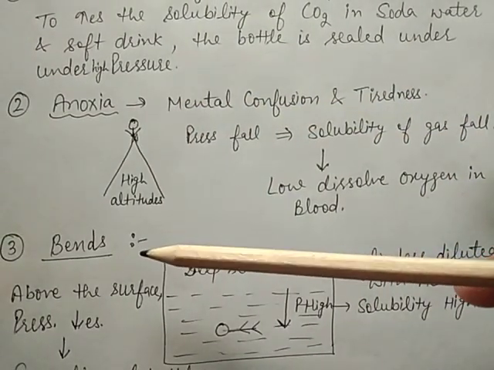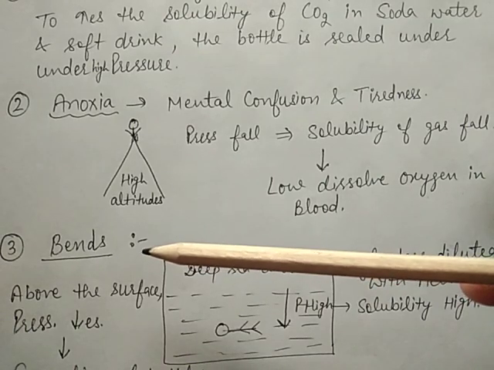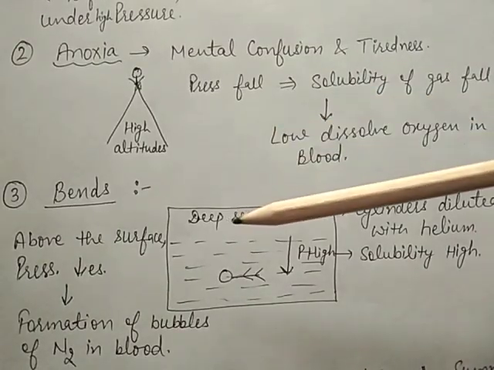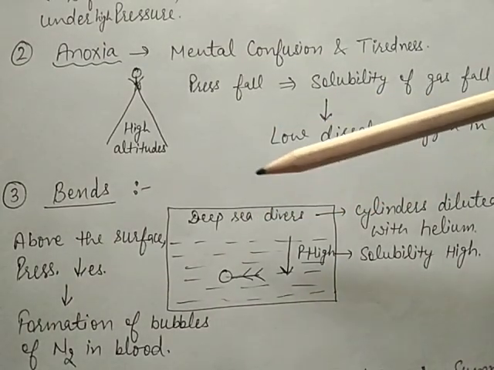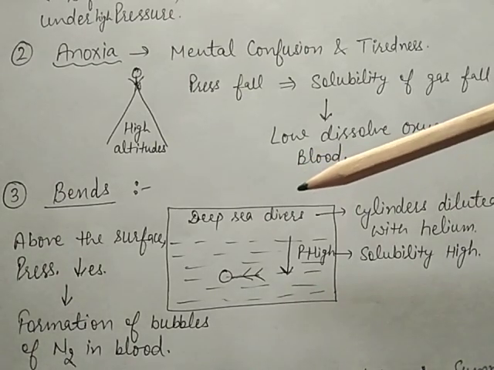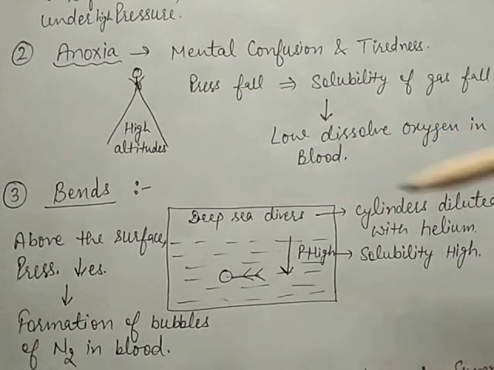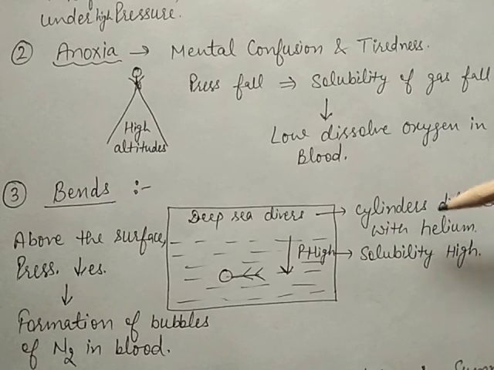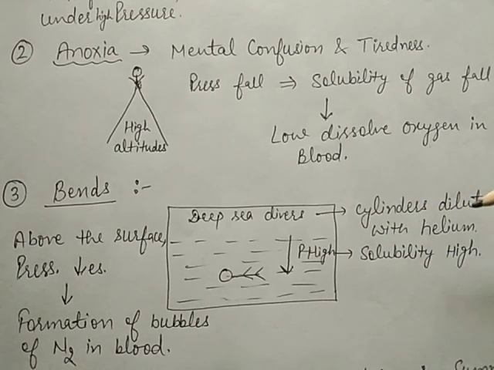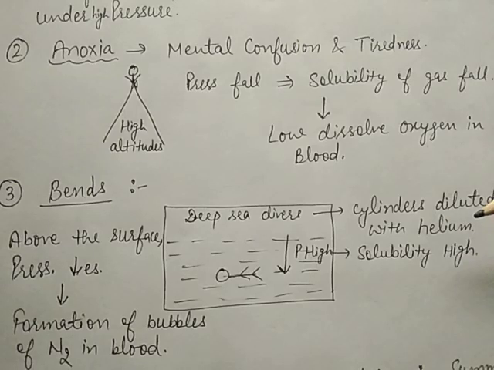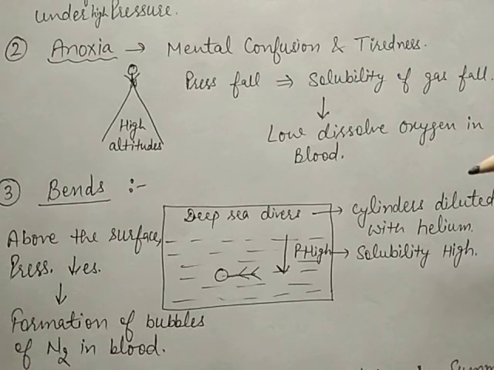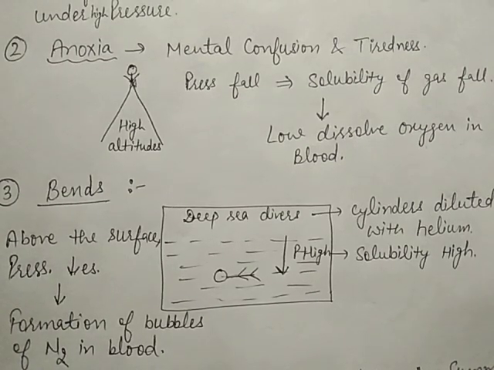Now the third application is bends. The tanks of deep sea divers are diluted with helium gas, which means the cylinders are filled with helium gas, 12% helium, 57% nitrogen, and a minimum amount, 1%, of oxygen.